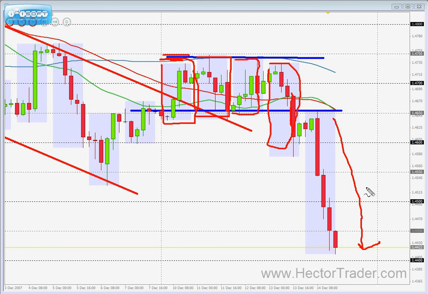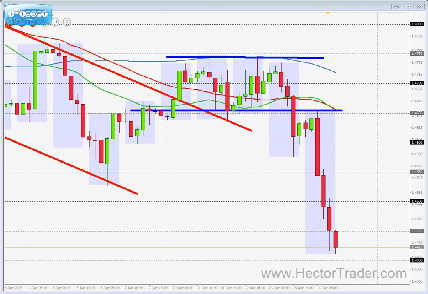It was very clear in my opinion. Once I saw that on Thursday price failed to break above all these highs, the high for the week, which was 147.50.